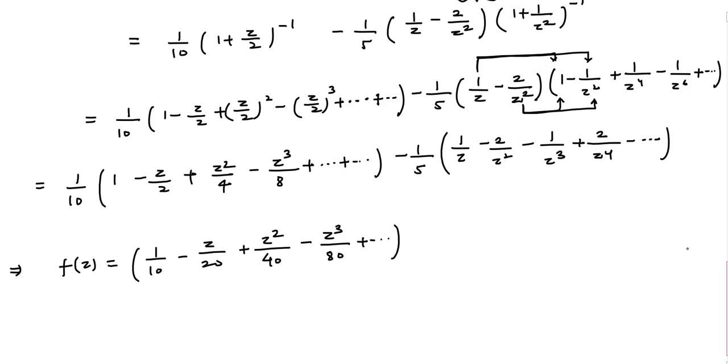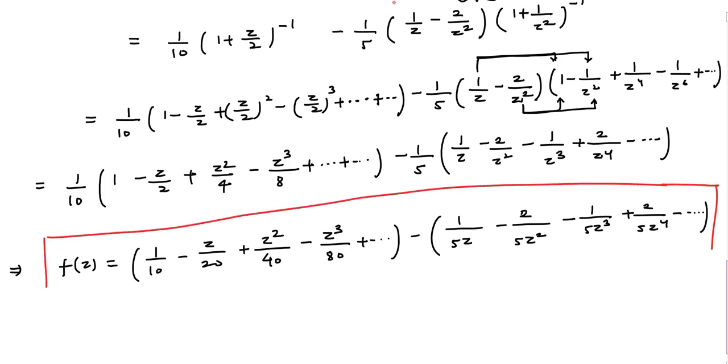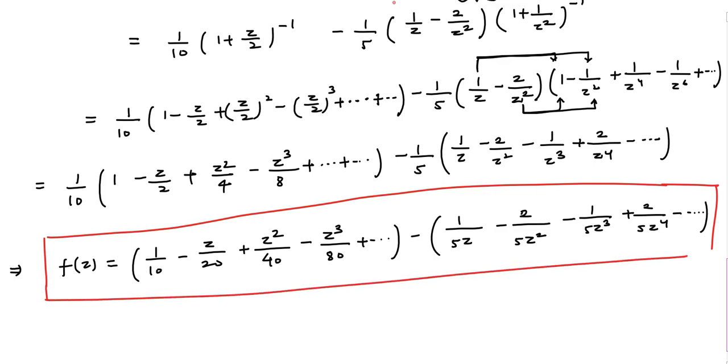So this is our regular part, and the second bracket having all the principal part, that is 1 upon 5z negative 2 by 5 z square negative 1 by 5 z to the power 3 positive 2 over 5 z to the power 4 negative dot dot dot. So we can say this is our required Laurent series expansion of the given function f of z, and this is our required final answer.